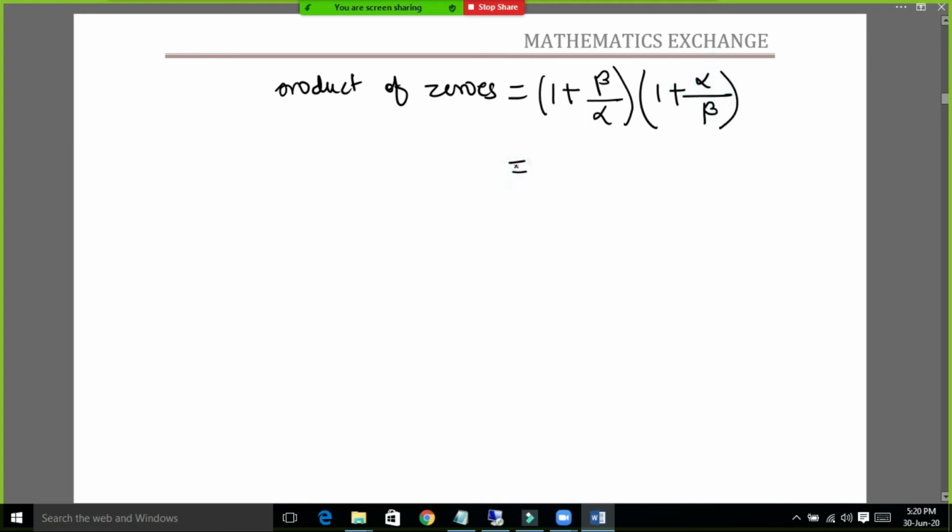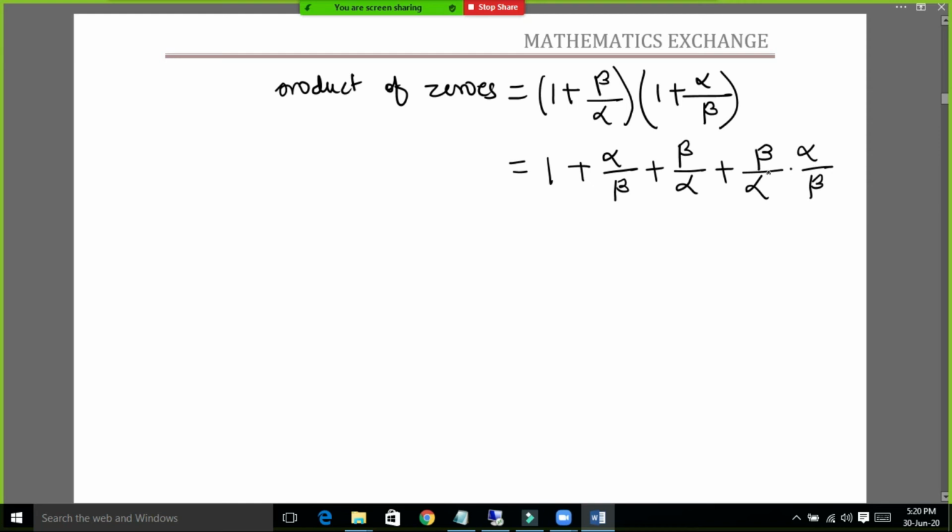Now we take the product of this. So 1 into, multiply this whole bracket. So 1 into 1 is 1 plus 1 into alpha by beta is alpha by beta, plus now multiply with beta by alpha to whole bracket. So beta by alpha into 1, beta by alpha, plus beta by alpha into alpha by beta.